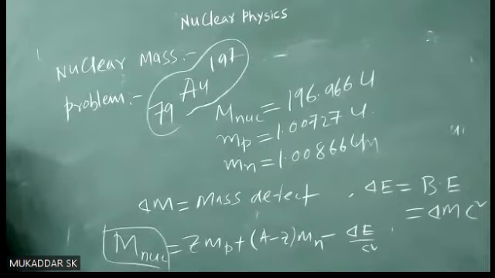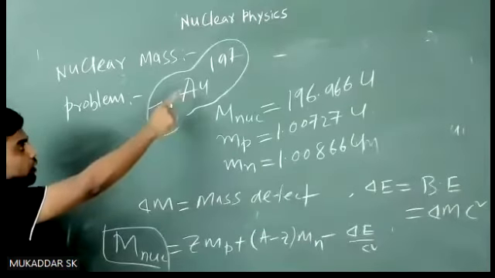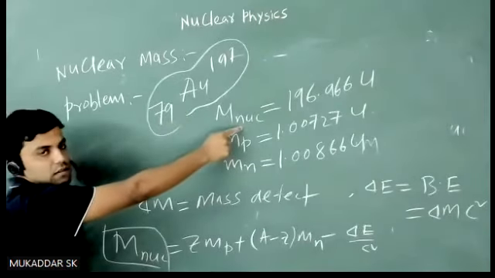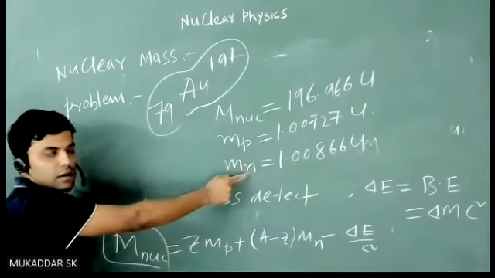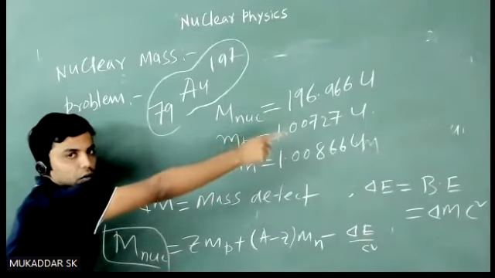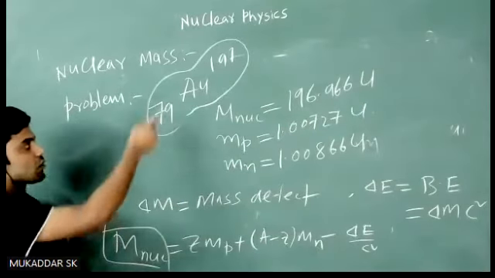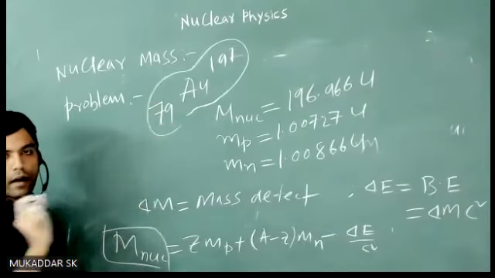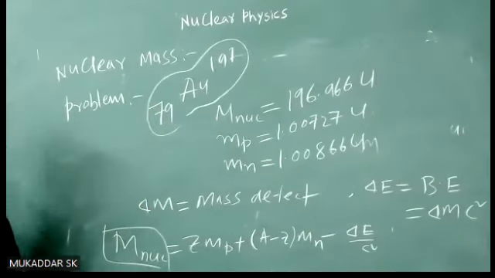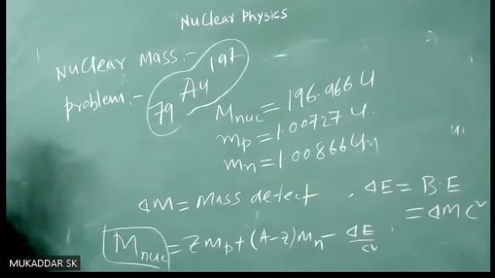So three units you have to calculate. I'm repeating again: the masses are given in atomic mass units, and you have to calculate the mass defect in atomic mass unit, in kg, or in MeV per c square.